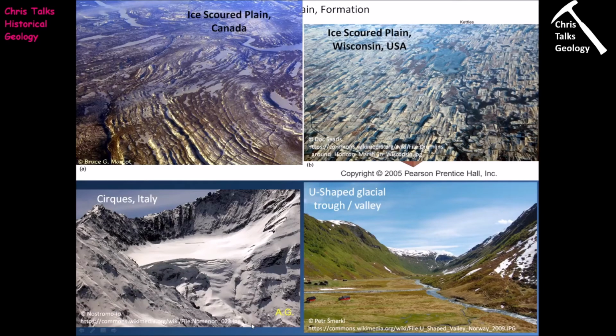Now, the movement of the glaciers along mountain valleys is going to produce a very distinctive valley shape, which we refer to as a U-shaped valley, sometimes also referred to as a U-shaped glacial trough. And so we can see a nice example right here. This particular one is from Norway. So you'll notice how the valley has a very distinct U-shape to it.